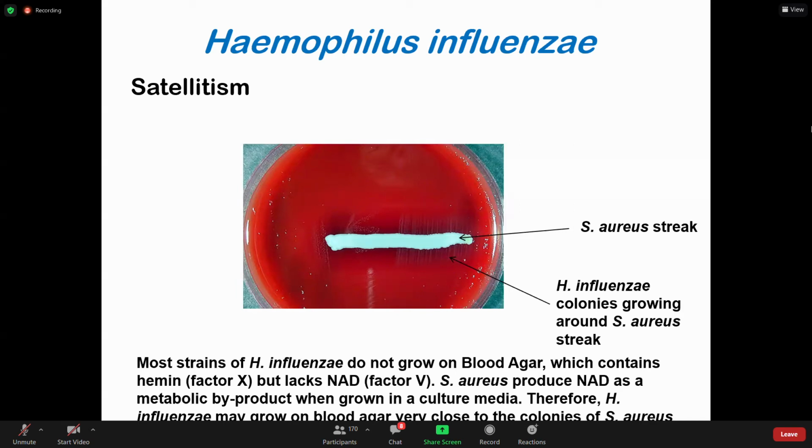So a Staph aureus streak, which must be a hemolytic strain of Staph aureus, is also inoculated onto the blood agar plate. So the Staph aureus will produce NAD as a metabolic byproduct. Therefore, the Haemophilus influenzae may grow on blood agar in very close proximity to the colonies of Staph aureus, okay?